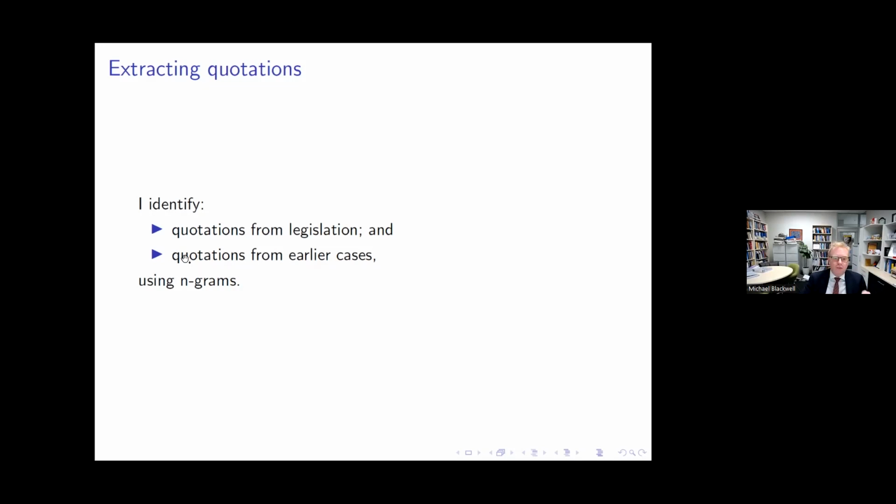And then I look for quotes from earlier cases because I order the cases chronologically in my data set. And so I can see quotes that are not legislation, but from earlier cases. And so therefore, I'm able to see the extent to which judges are either copying and pasting from their earlier decision or quoting from another judge as authority.